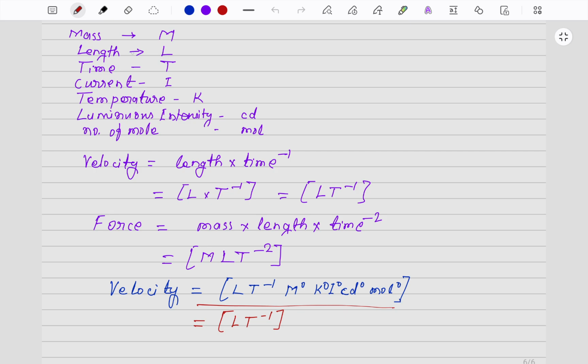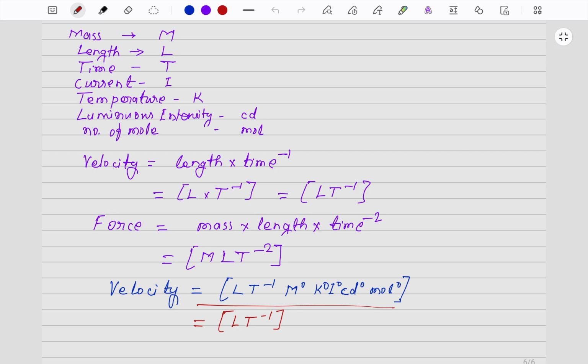For example, the symbol of mass is M, length is L, time is T, current is I, temperature is K, luminous intensity is CD, and number of moles is mole. So we can write velocity is equal to L T to the power minus 1.